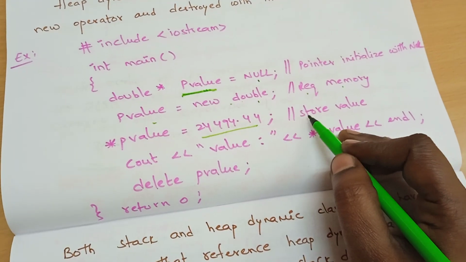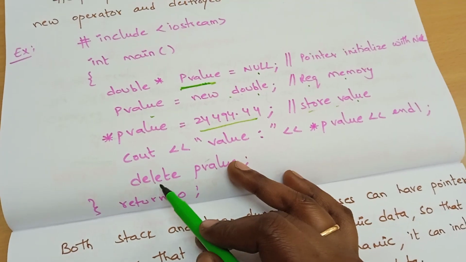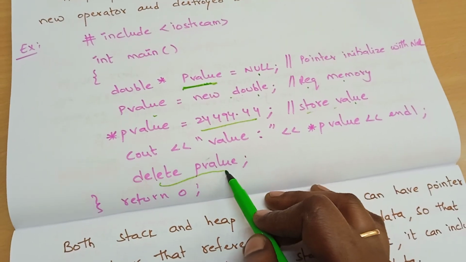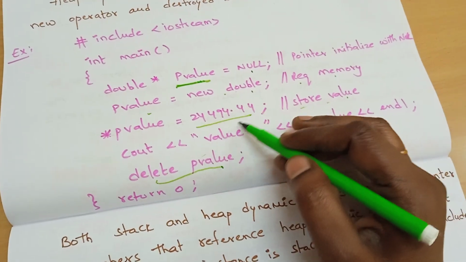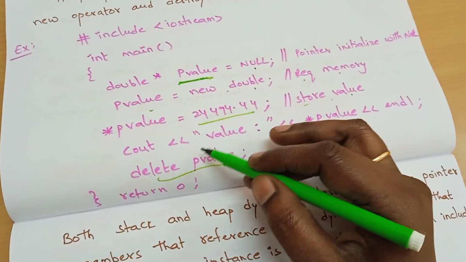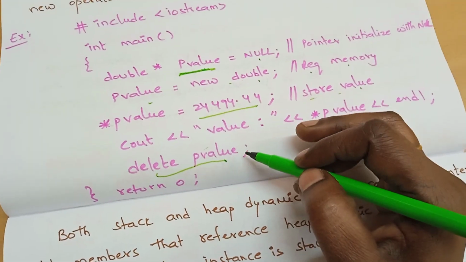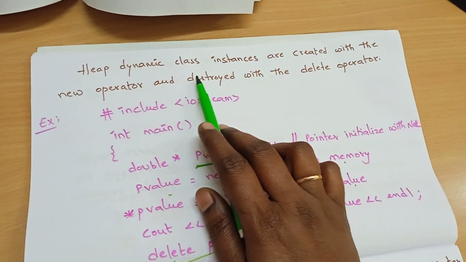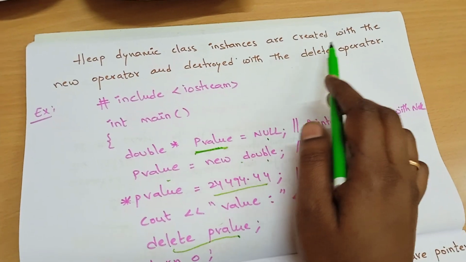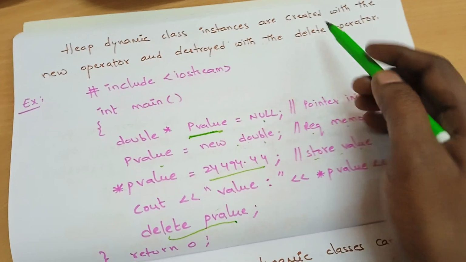So we will be storing the value in this specific address. Now look at this, delete pvalue. Once I don't want to use this variable, we will deallocate the memory that was created for pvalue. So this is what heap dynamic is. Heap dynamic class instances are created with the new operator and destroyed with the delete operator.